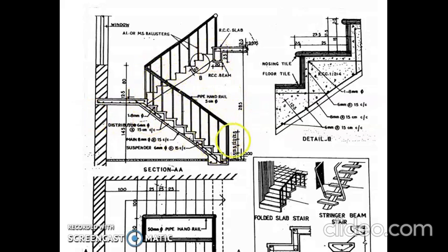Then the handrail height is given as 80, so first draw the handrail or baluster height here as 80, then join this handrail, then draw balusters for each step at the same point in the thread, otherwise it will not be aesthetic.